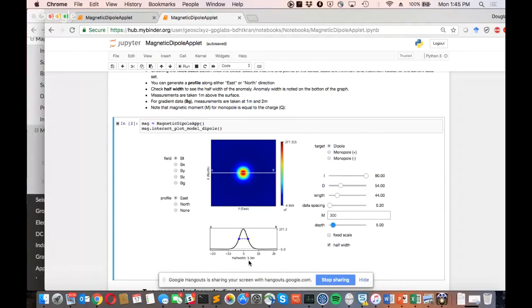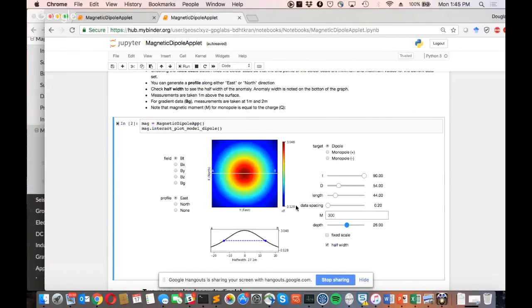So that's kind of nice, and that's actually a very powerful thing, right? Because you get some type of anomaly that looks like that, and just by doing some simple analysis on it, you can get an idea that, okay, I think this thing is buried 10 meters or 5 meters.